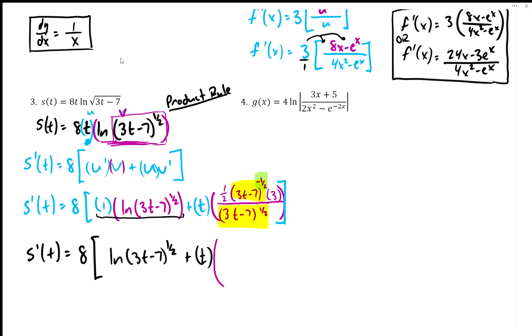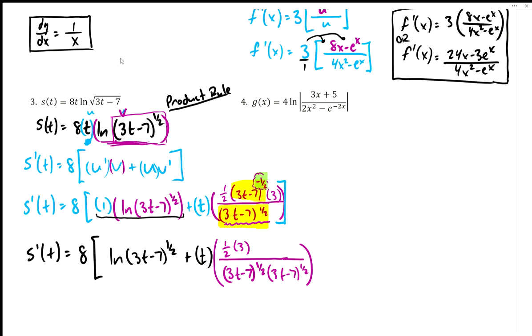I'm going to keep that in purple, is we're going to have 1/2 times 3 left in the numerator. And then this negative 1 here is flipping down, so 3t minus 7 to a positive half power. And then 3t minus 7, this one is still down there. 3t minus 7, also with the half power still on it.